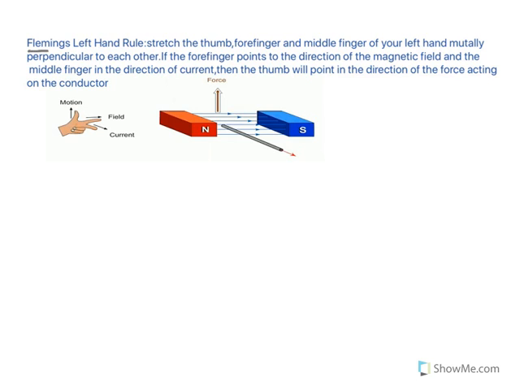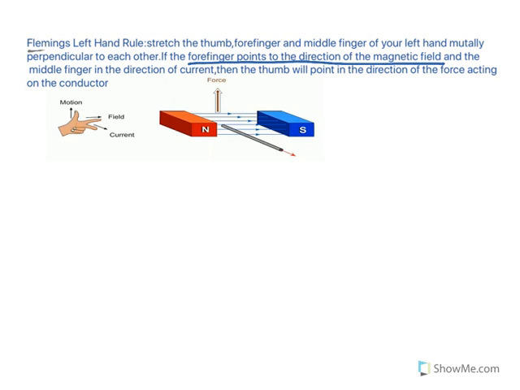Now the direction of the force is given by Fleming's left hand rule. It says, stretch the thumb, the forefinger and the middle finger of your left hand mutually perpendicular. In this diagram you can see the left hand, with the thumb, the forefinger and the middle finger held mutually perpendicular to each other.